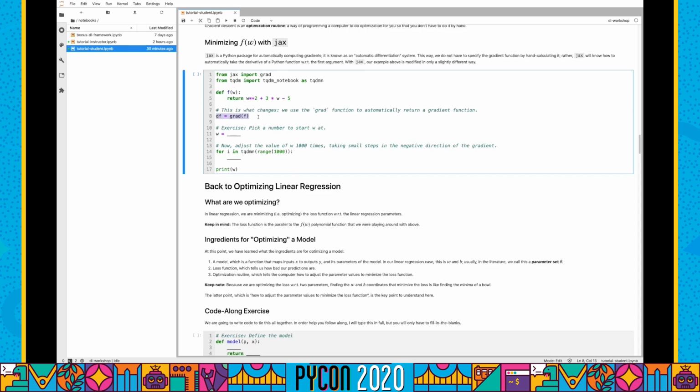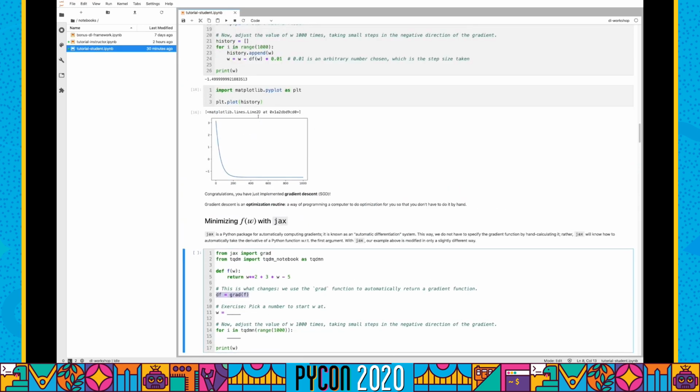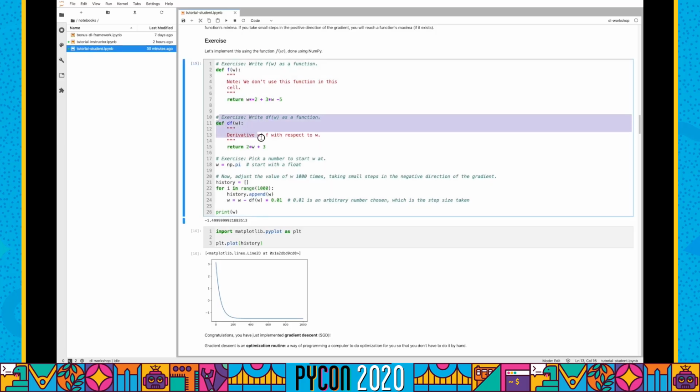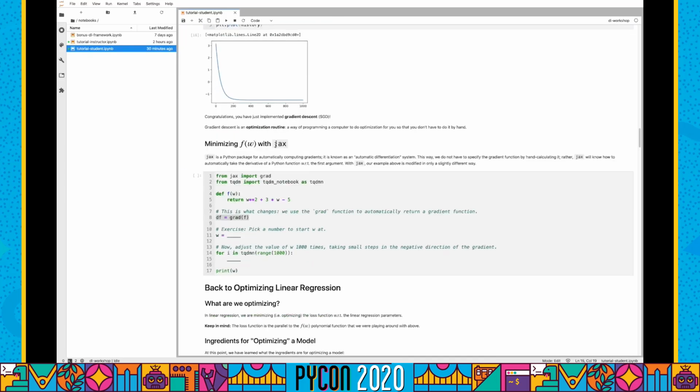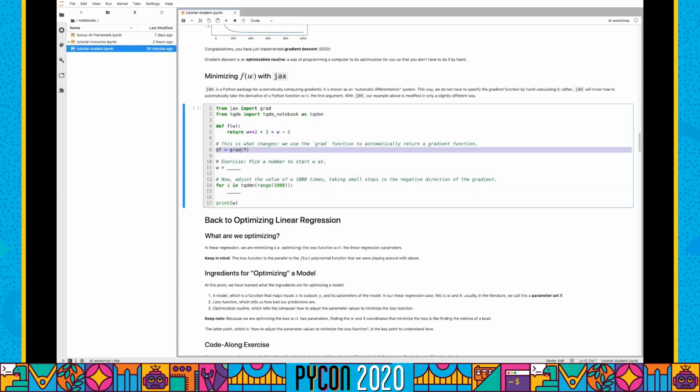Instead of defining df manually, which is what we did up here, right? Over there was where we defined df manually. So now instead of defining df manually, all we do is we pass f into grad, and what that returns to us is another function that we can call on just like we did above to evaluate the gradient.